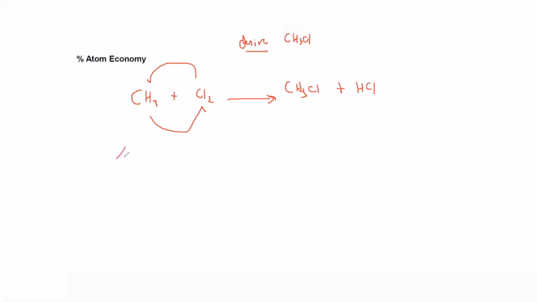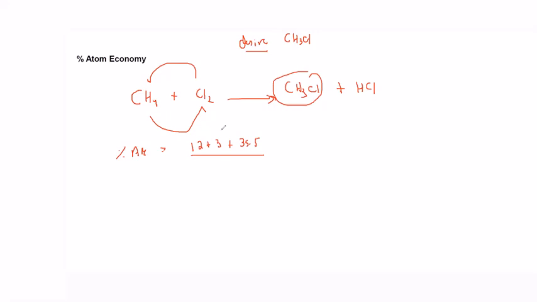So the percentage atom economy is the mass of a desired product. So what is the mass of the desired product? This is our desired product. So carbon is 12 plus hydrogen is 3, because 1 multiplied by 3 is 3, and chlorine is 35.5, divided by the total mass of reactants or total mass of products.